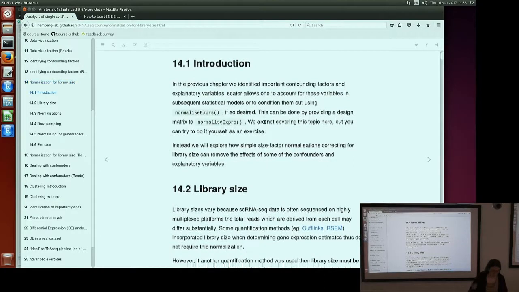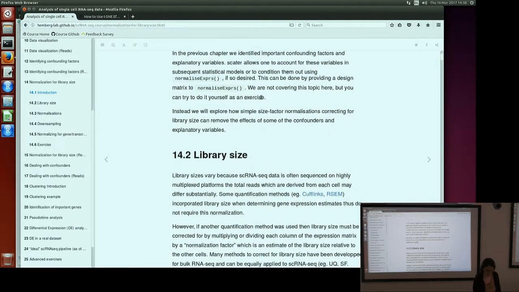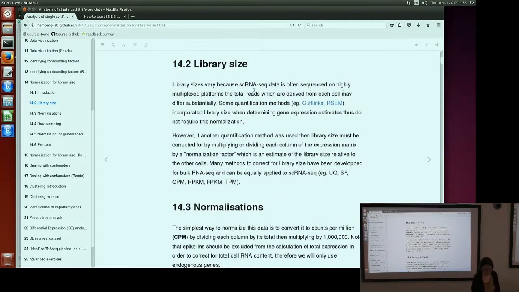As you saw in the previous chapter, the total number of features or the total number of counts you have in each cell is one of the biggest differences you'll see between any two cells, and it's one of the biggest confounding factors. To deal with this is usually called library size normalization, because the total number of reads per cell is referred to as the library size.